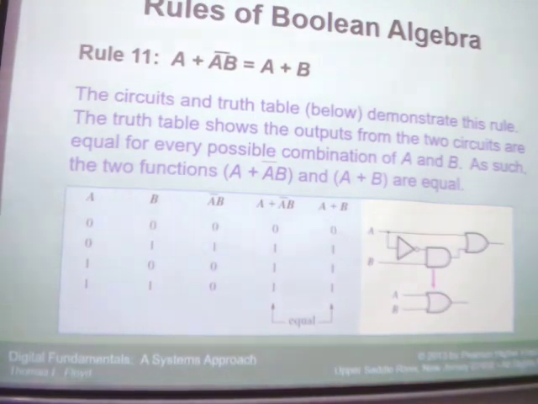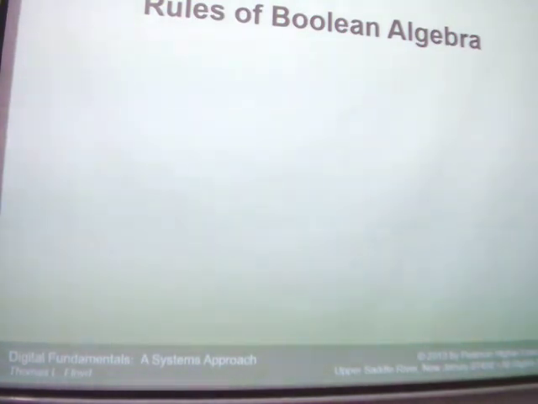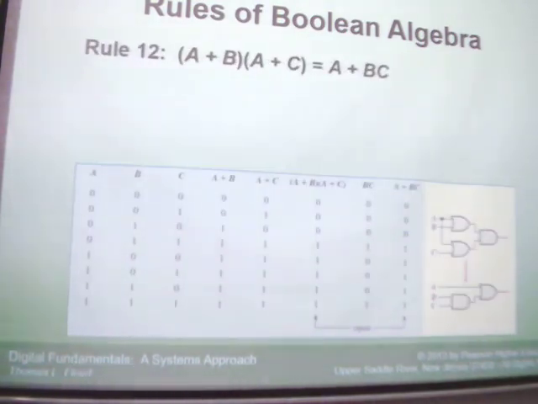We should remember this rule because it cannot be deduced easily. Also, rule 12. It is more complex.